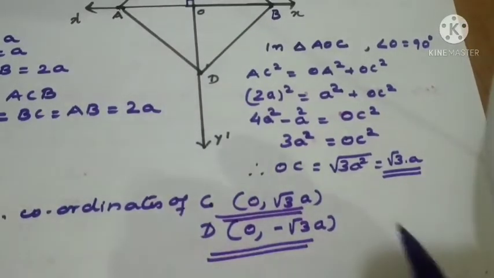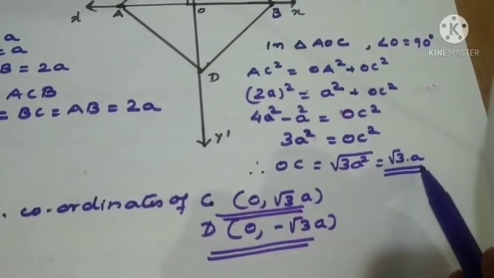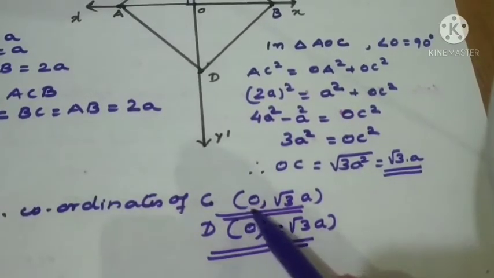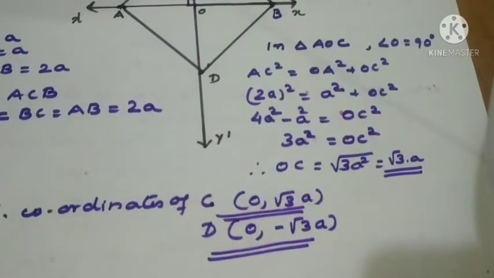This is asked, so we have to take the coordinate of x as 0 only, and the y value is the answer we got here, that is the perpendicular distance from the x-axis measured along the y-axis. So 0 comma root 3A is the coordinate for C and 0 comma minus root 3A is the coordinate for D.